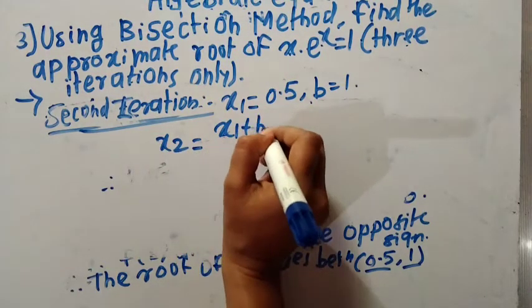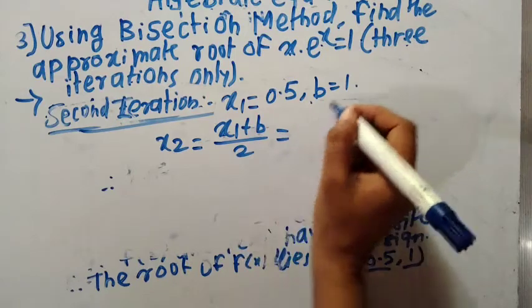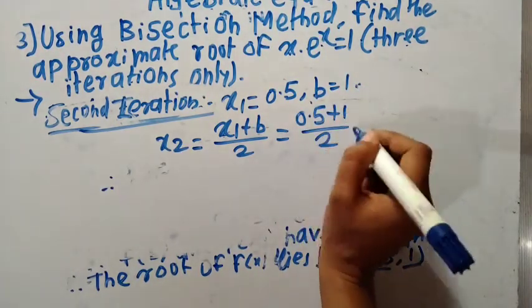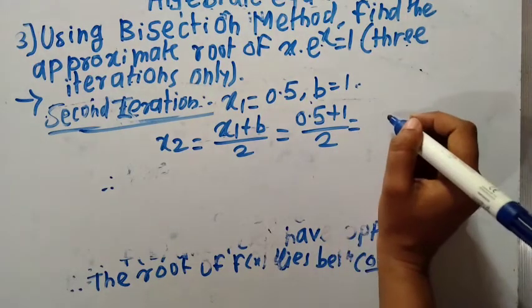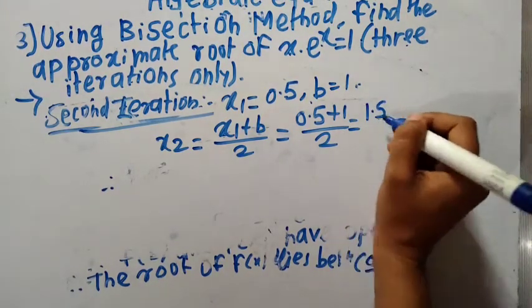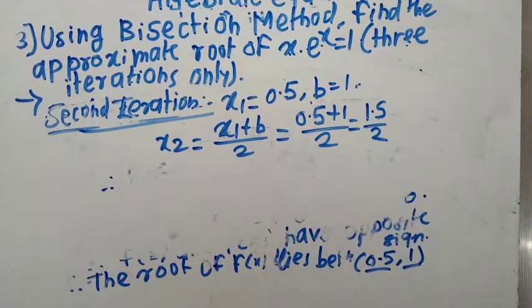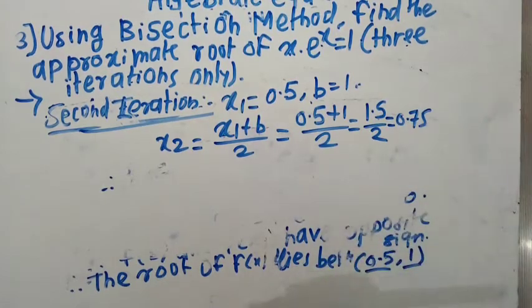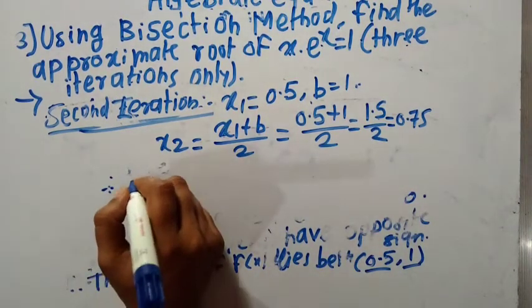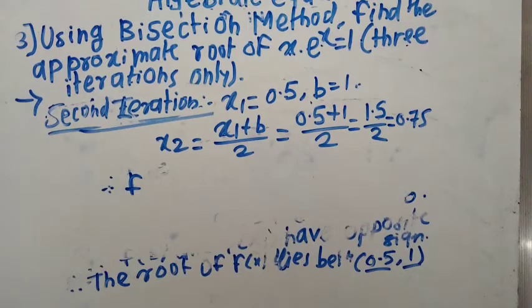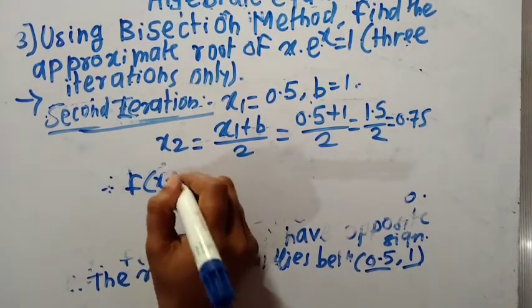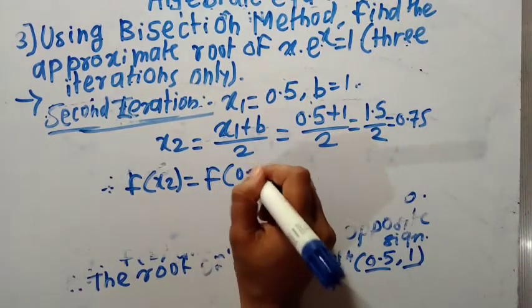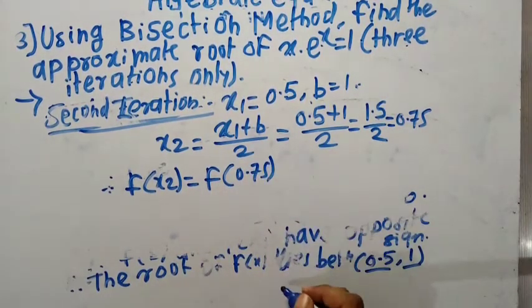Formula is x1 plus b divided by 2, means 0.5 plus 1 divided by 2 is 1.5 divided by 2, and division gives 0.75. Here use scientific calculator. So f of x2 which is equal to f of 0.75.